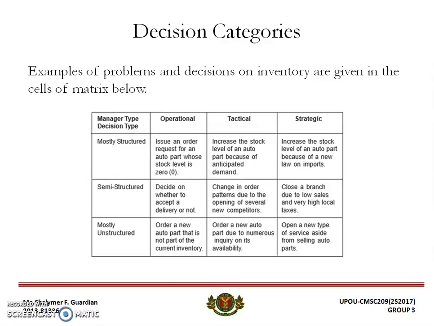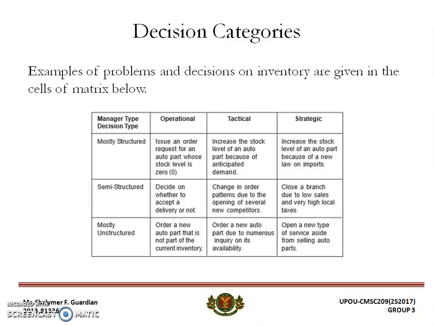To apply this in, let's say, a software or an auto part company, these are the given cells in the matrix for the decision categories.